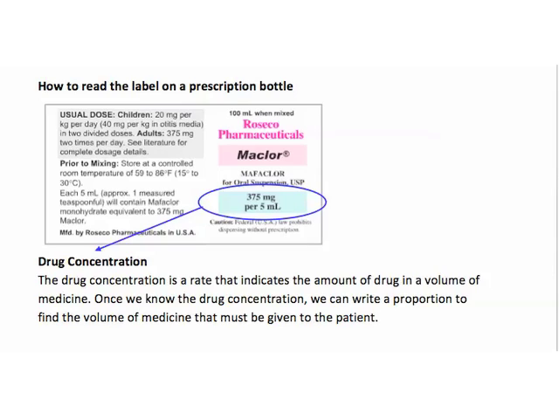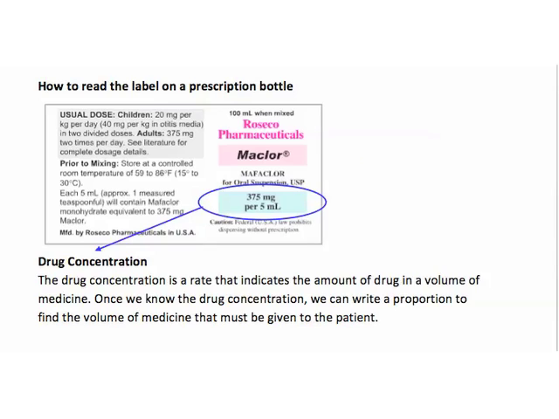The drug concentration. For every volume of medication, only part of that volume is actual drug, and the drug concentration is the rate that indicates the amount of drug in a volume of medicine. Once we know the drug concentration, we can write a proportion to find the volume of medicine that must be given to a patient.